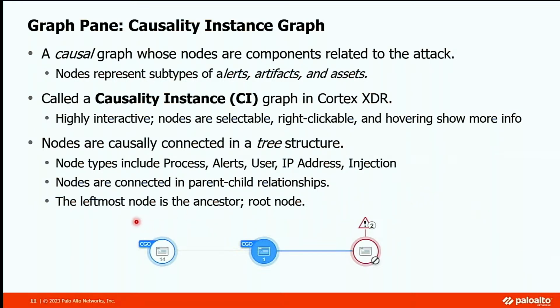And what we show you, of course, in the graph pane is our causality instance graph, the causally related processes, the components that are related within the attack, and there are different node types. Yeah, and we have different colors for the nodes as well, and sometimes different statuses to indicate this is in the block list, for example.